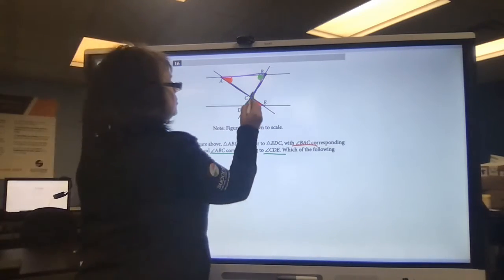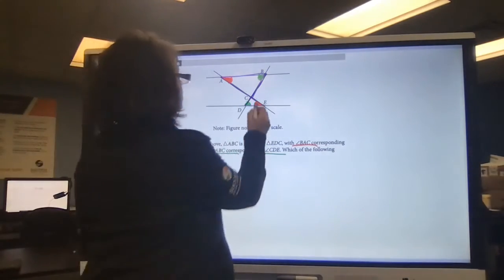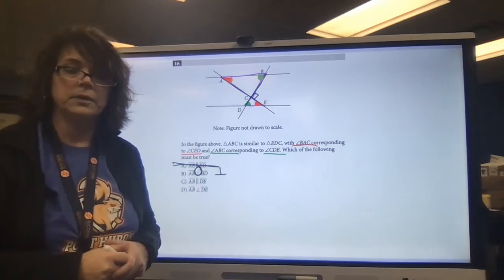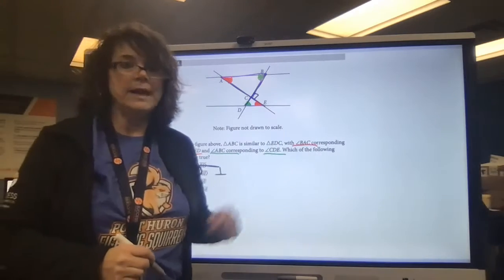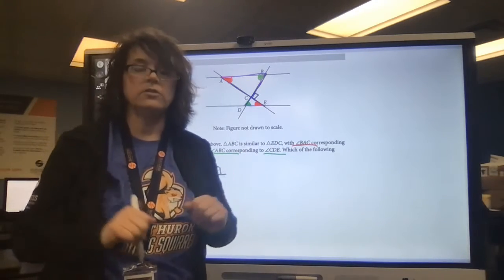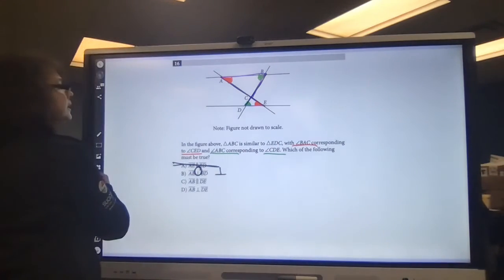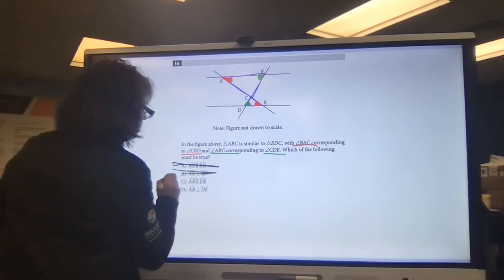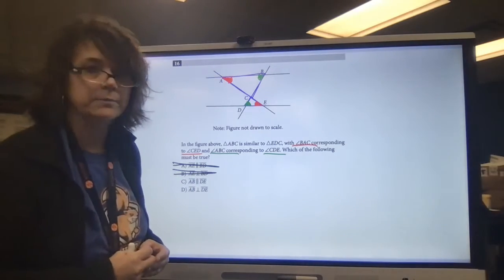We are not told in the diagram or the problem itself that this is 90 degrees or a right angle. For those reasons, we cannot assume that ever. So we're going to cross that off our list as well. So B is now off the table as well.